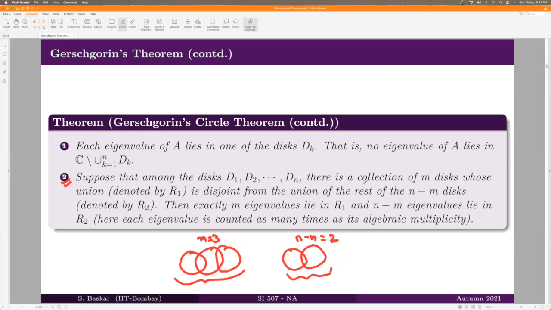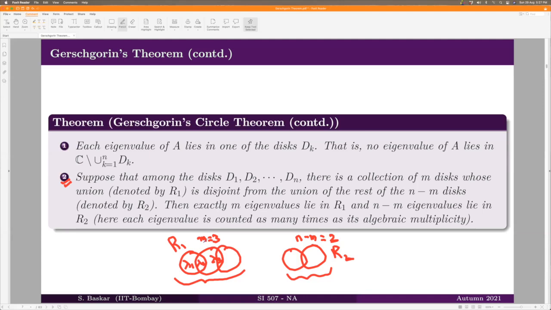Then exactly M eigenvalues lie in R1. We are calling this R1 and this R2. Since you have 3 disks here, precisely 3 eigenvalues are sitting here. It can be 1, 1, 1 here, or all 3 may be sitting in one disk. We do not know how they will be distributed among these 3 disks.